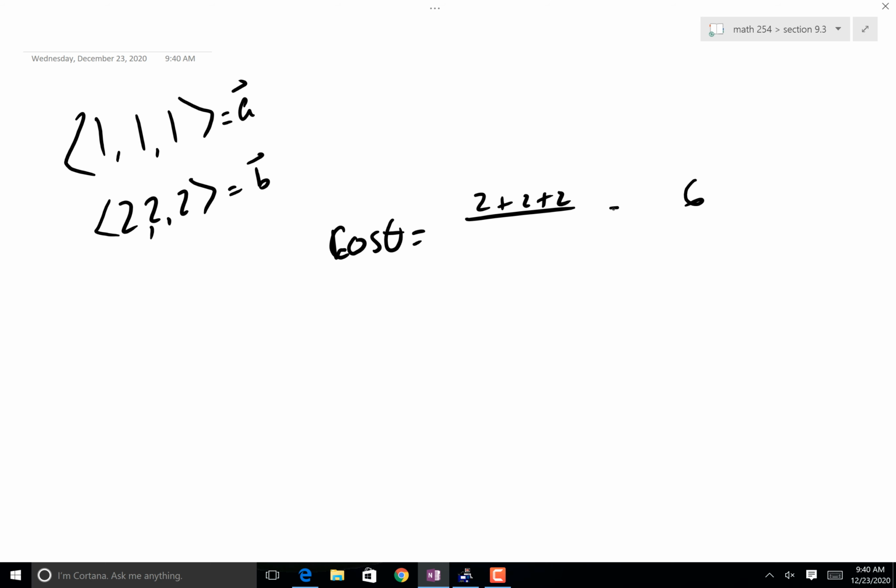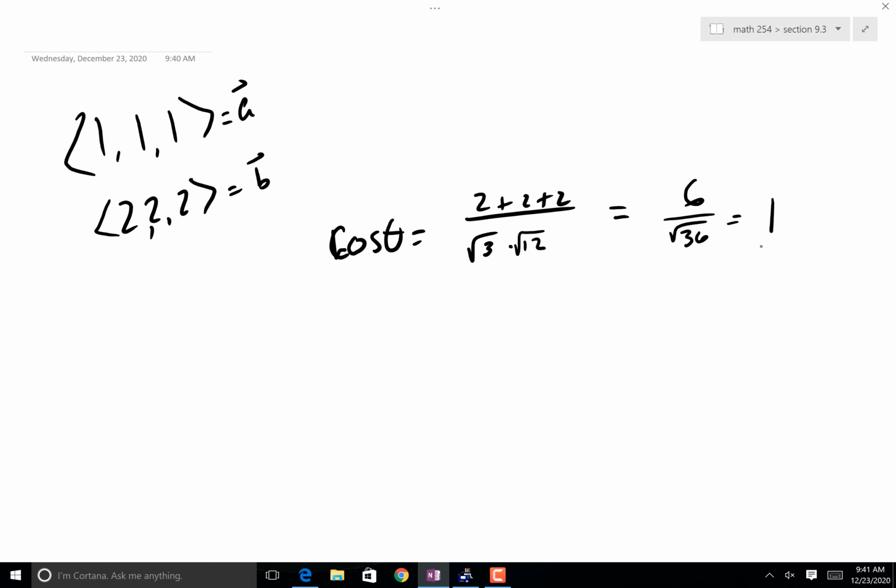On the bottom, the length of this guy is 1 plus 1 plus 1 is 3. And this one here is going to be 4 plus 4 plus 4 is 12. And then 3 times 12 is 36.